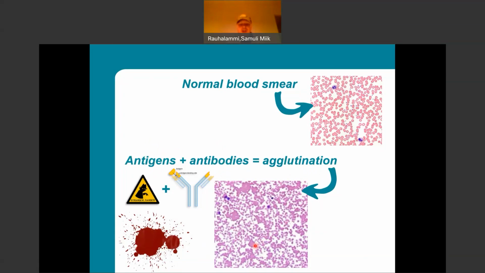So in agglutination, these red blood cells end up clumping together. And that's not good. That's going to cause us a world of trouble.